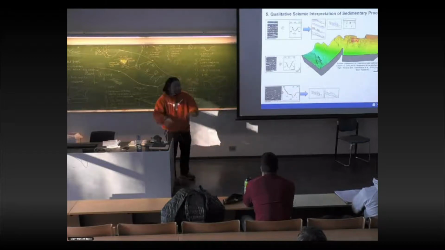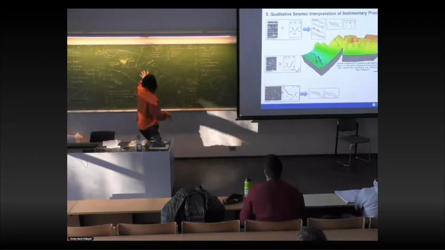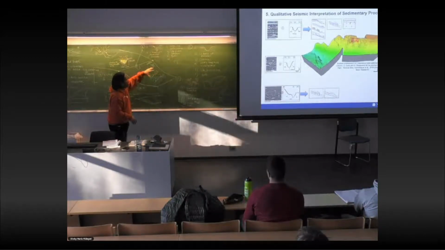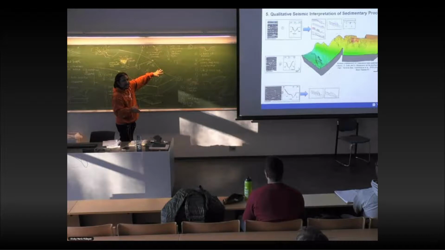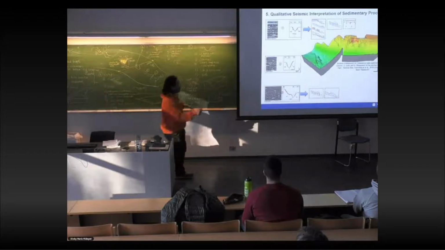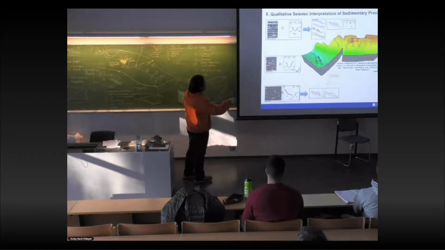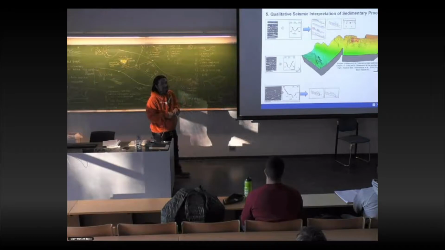Remember, in this area, the animals, the plankton and benthos are living here, and then when they die, they just cover the whole thing. So these are the products, and we can also use this as a marker or reference surface.